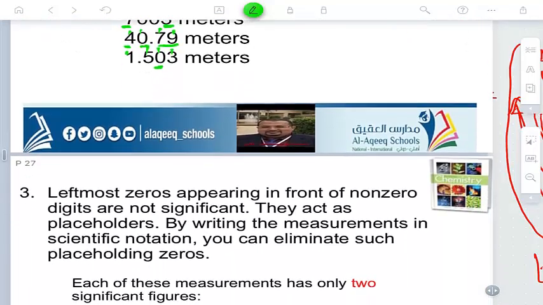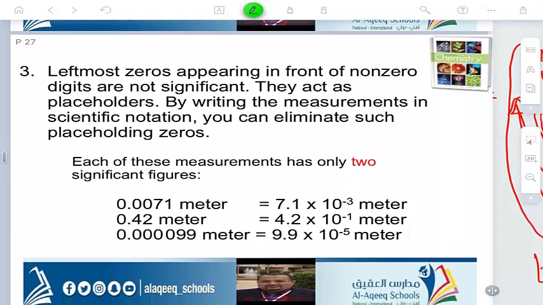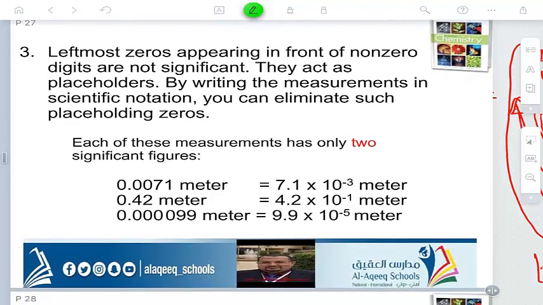This is rule 2. Rule 3: leftmost zeros appearing in front of non-zero digits. Counted or not? No, not significant. How come? Look, you have zeros here, but not between non-zero values, so we count only the 1 and 2.